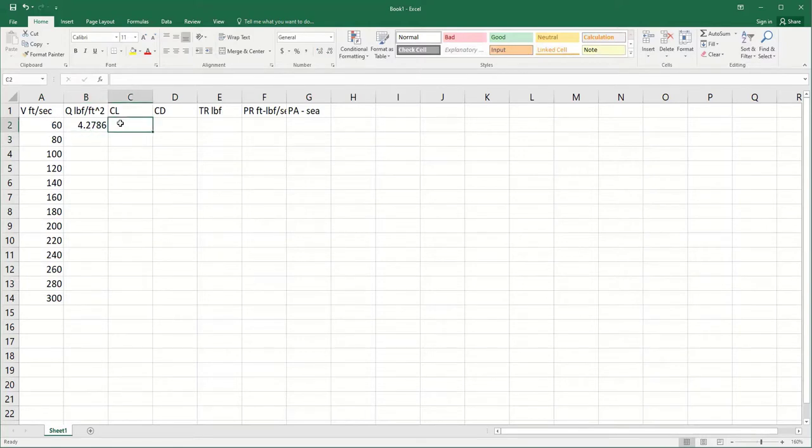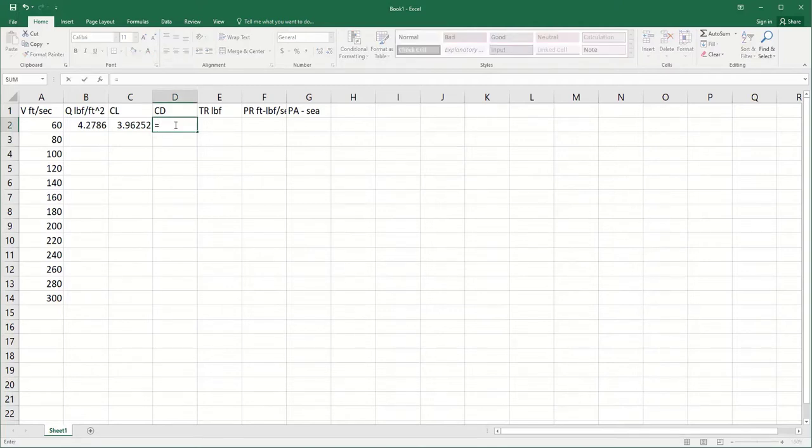And then CL is equal to the weight. So that's our formula on the board there, 2950 divided by the dynamic pressure times the wing area, 174. So I'm doing that formula I wrote on the board. And then CD is the drag polar that we wrote on the board with the numbers in it.